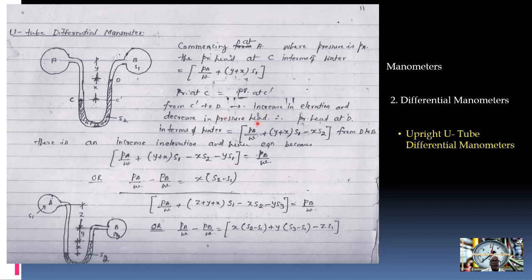Pressure head at B is equal to Pa by W plus Y plus X S1 minus X into S2, and minus Y into S1, is equal to PB by W. Or you can write Pa by W plus Y plus X into S1 minus X S2 going up, then minus Y S1 going again up, minus PB by W is equal to 0. So Pa by W minus PB by W is equal to X into S2 minus S1.